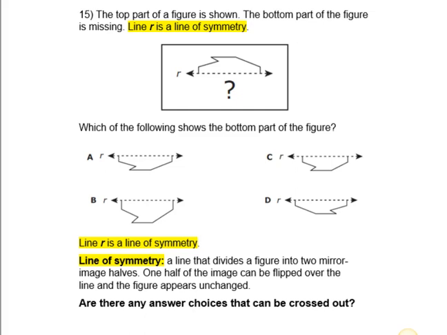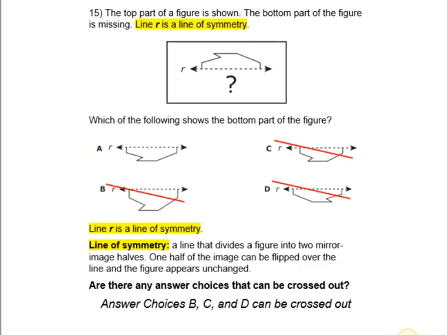Okay, so let's look at our figure again. Take a close look and also look at our answer choices. Are there any answer choices we can cross out, or do you know what the correct answer is? If you already know the correct answer, you have to wait until the end, or really the next slide, to see if you're correct. If you said we can cross out answer choices B, C, and D, you are correct.